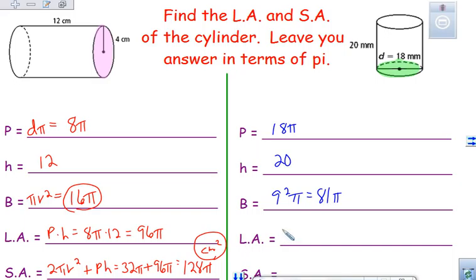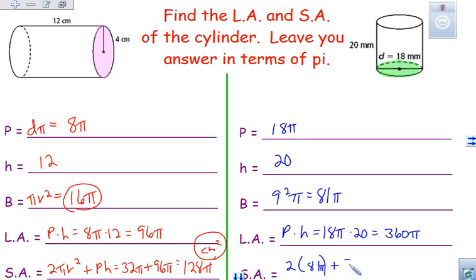The lateral area is the perimeter times the height, so that's 18 pi times 20, which gives us 360 pi. And our surface area is going to be two bases, so 2 times 81 pi, plus our lateral area, which is 360 pi, for 522 pi square millimeters.